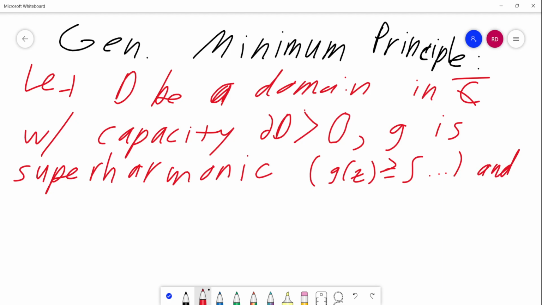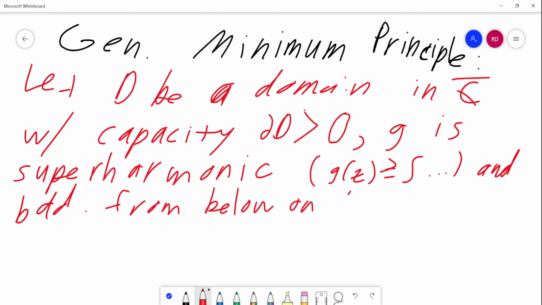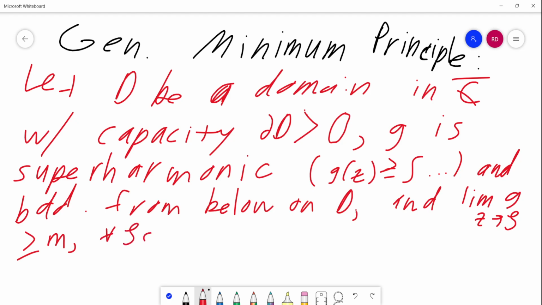And bounded from below on D. And the limit as z goes to zeta of G is greater than or equal to some m, for every zeta in the boundary, or quasi every.